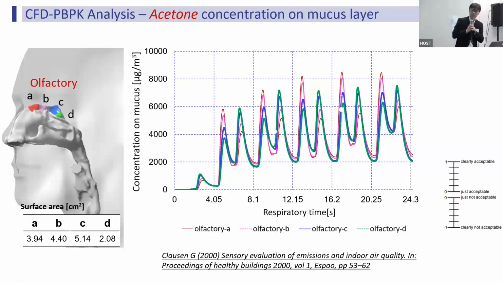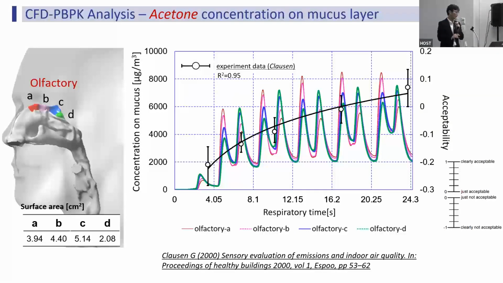And from the second and third breathing, we can confirm almost equilibrium concentration at the epithelium tissue surface. And I would like to overlay the results by Professor Georg Clausen, 2000.